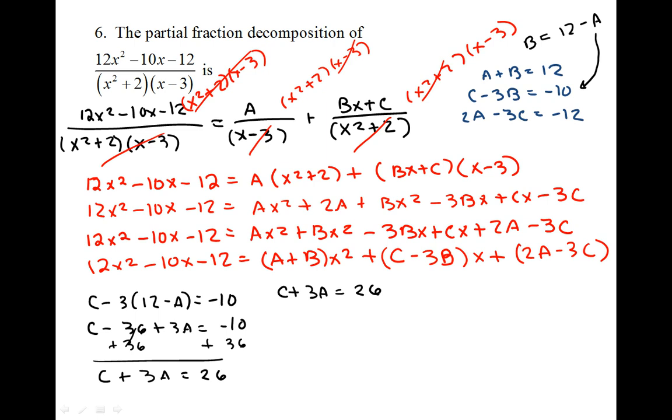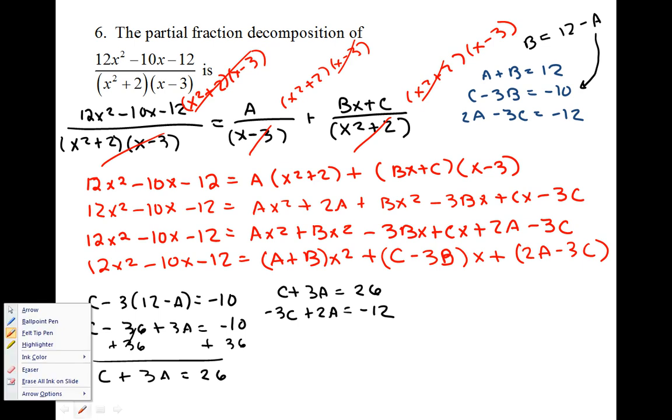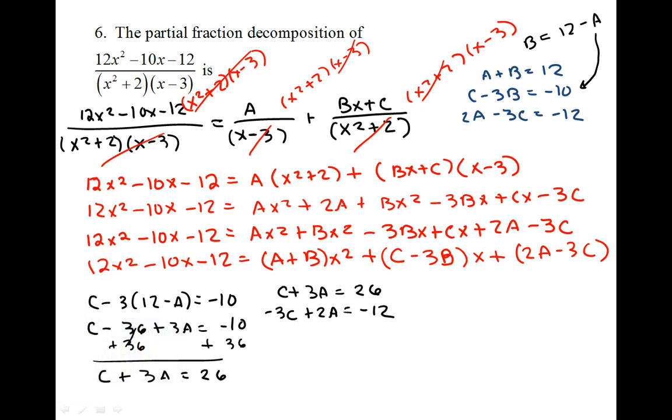And then I have the 2A minus 3C equals negative 12. So that's negative 3C plus 2A equals negative 12. And I am just going to multiply the other equation by 3.